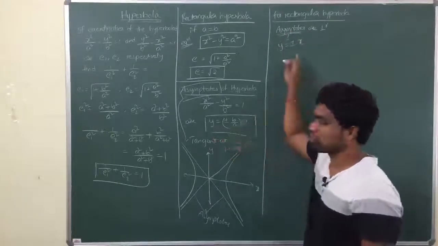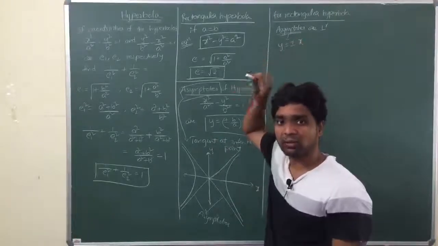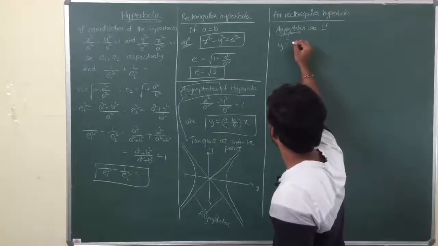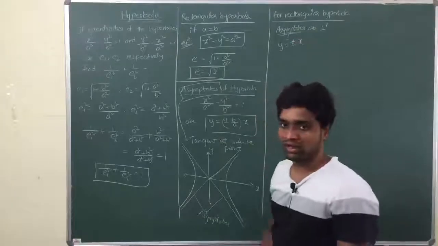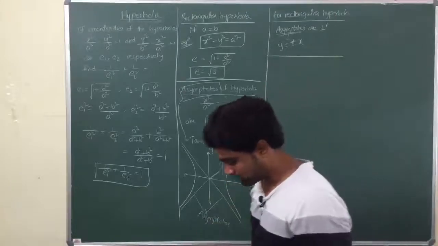So m1 is 1, m2 is minus 1. So m1 into m2, the product of slopes, is minus 1. So asymptotes are perpendicular. That is the point for rectangular hyperbola.